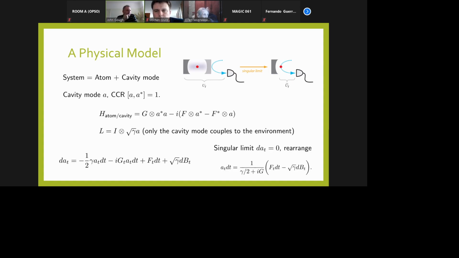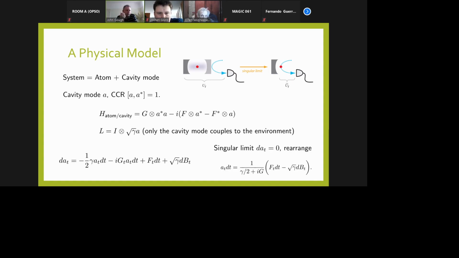It's going to be coupled to its environment, and we're going to assume it's strongly coupled as well. So the idea is that we take a singular limit where the coupling of the cavity mode to the external field is so strong, effectively the cavity mode becomes enslaved and we can eliminate it altogether.